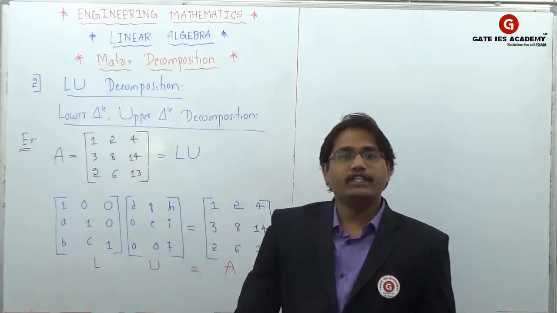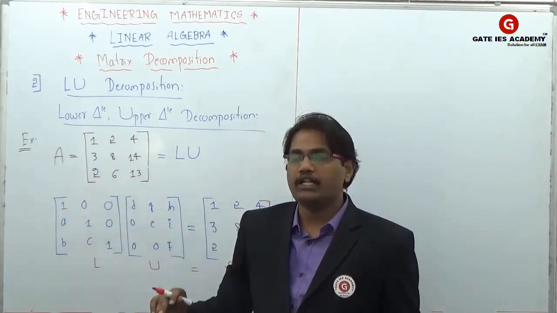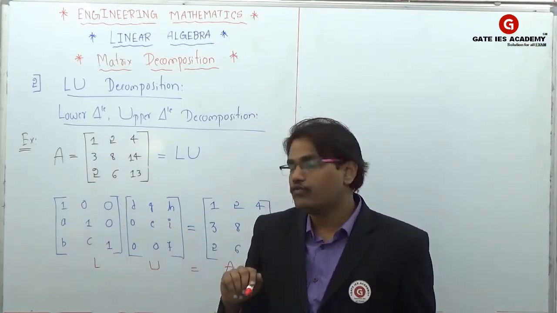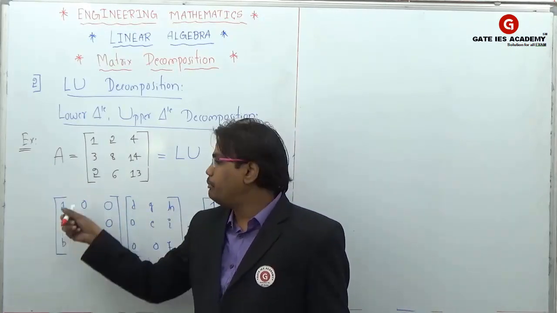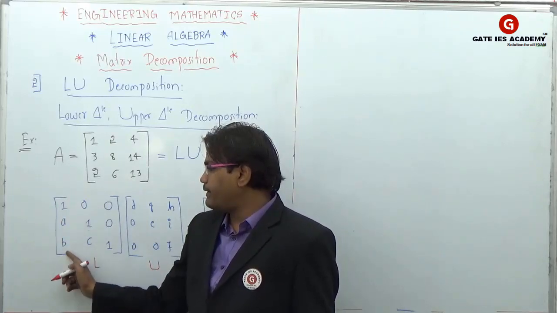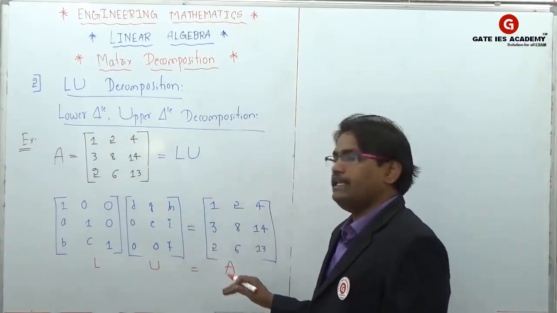If you want to write the lower triangle matrix, above the main diagonal all the elements are 0, and the main diagonal elements are written as 1. Below that, write unknowns, A, B, C, any name you can give.